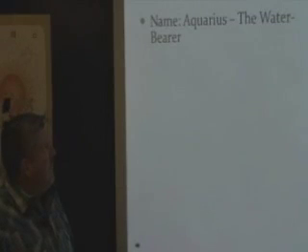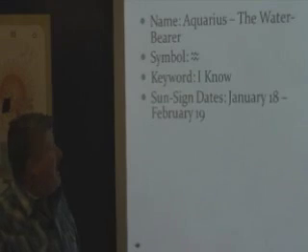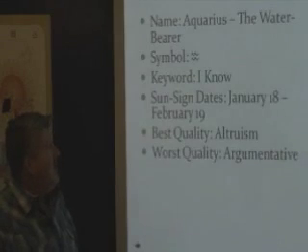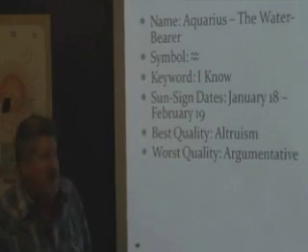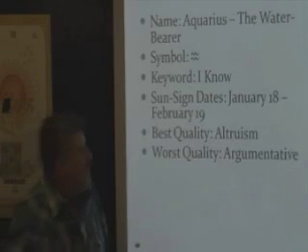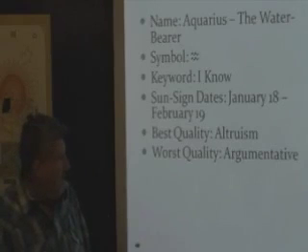All right, 2 more signs to go and we're out of here. Aquarius means water bearer. The symbol, 2 waves. Keyword, I know. January 18th to February 19th. This is the man of the zodiac, and their best quality is being humanitarian or altruistic, and their worst quality is being argumentative.